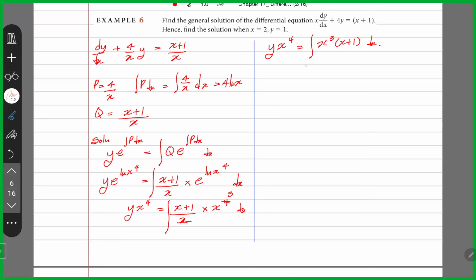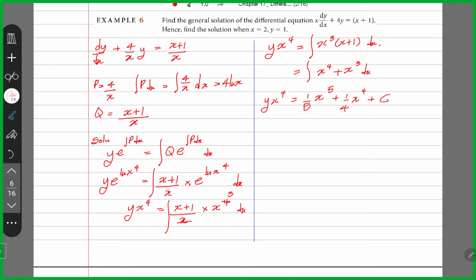All right, I can expand and say that this is the integral of x to the 4th plus x to the 3rd dx. If I integrate, I'm going to get 1/5 x to the 5th plus 1/4 x to the 4 plus c, the constant of integration.